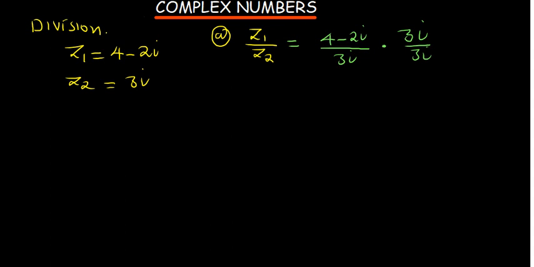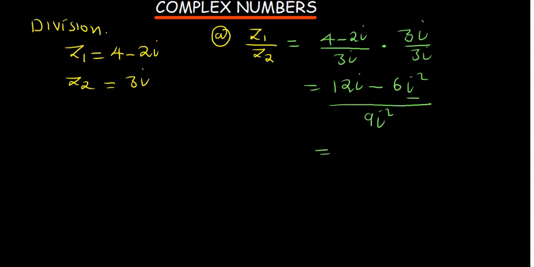So we're going to multiply 4 times the 3i, that is going to be 12i, and then negative 2i times the 3i is going to be negative 6i squared. In the denominator, 3i times the 3i is going to be 9i squared. And we know i squared is negative 1.